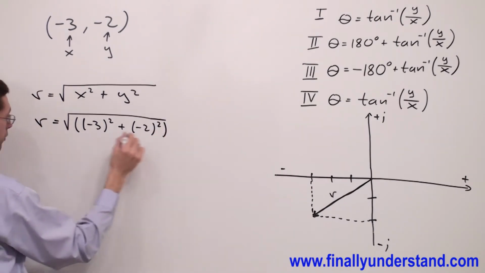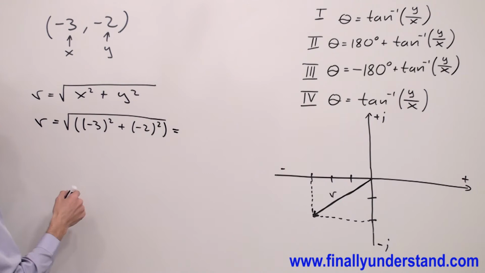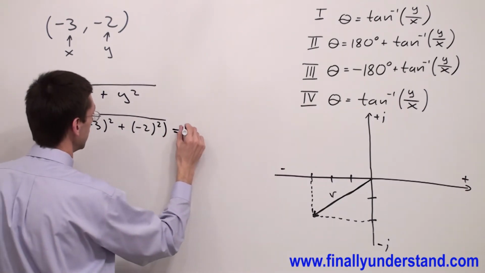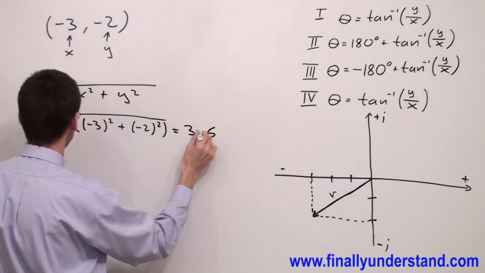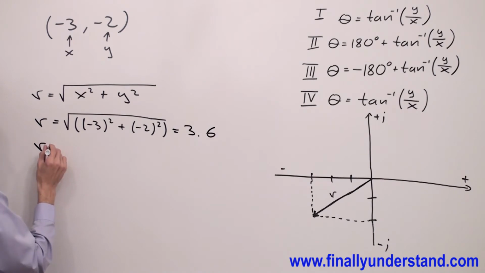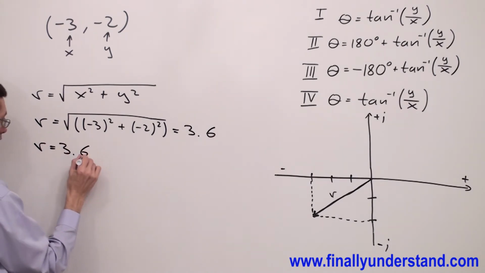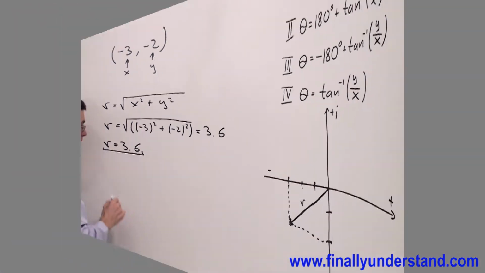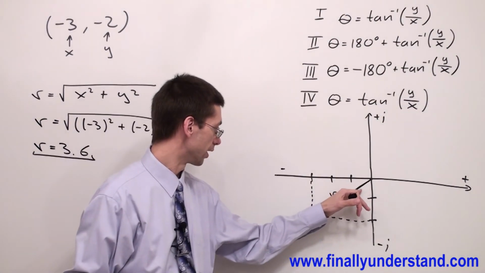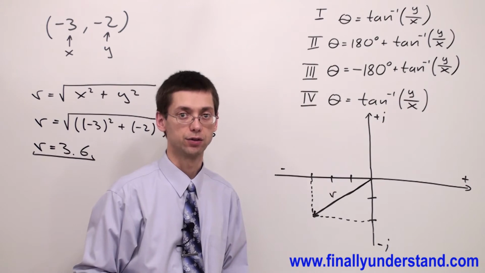If you plug these values into the calculator, you're supposed to obtain 3.6. So the magnitude of my phasor is equal to 3.6. In other words, this is the length of my phasor.